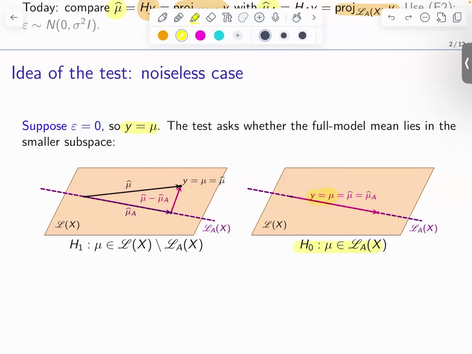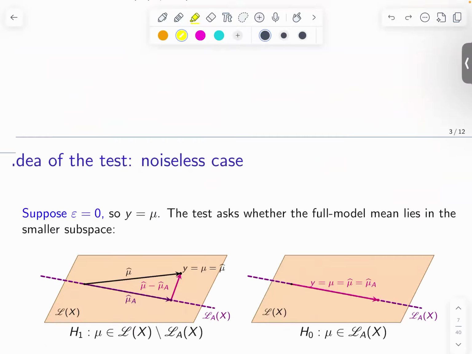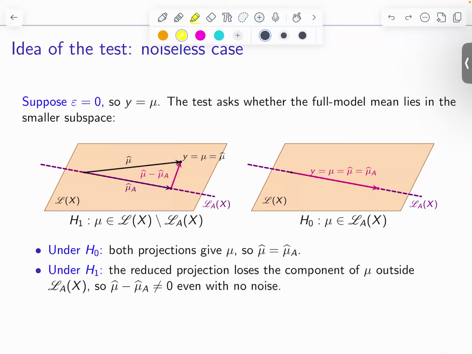Both projections match the original vector, so everything is equal and mu hat minus mu hat A is going to be zero. This gives you a simple geometric reason: under H naught, when you do the projections, both are the same and nothing changes. But under H1, one of them is different from the other.